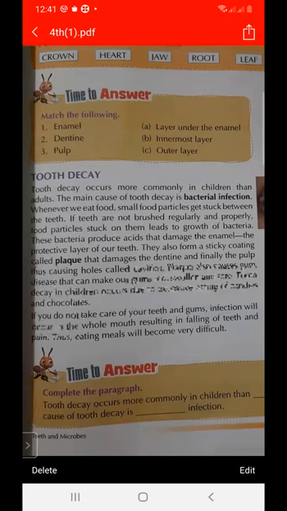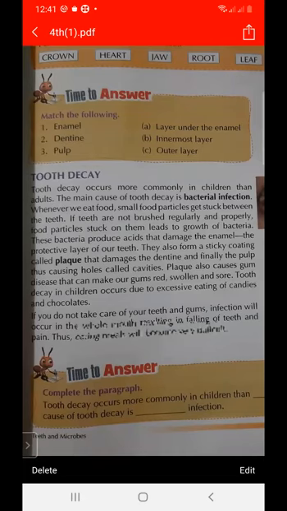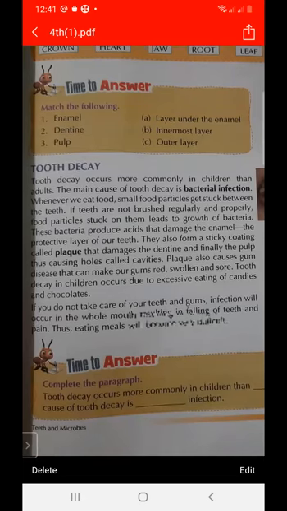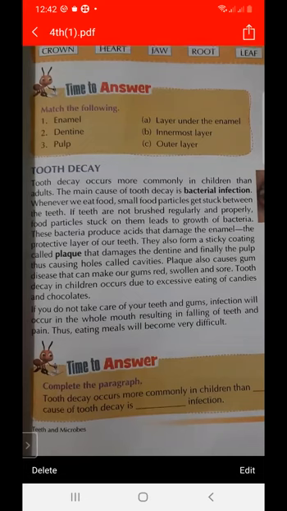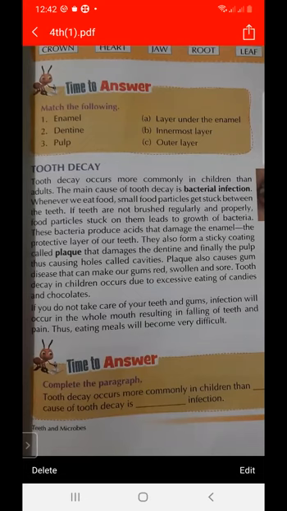As we know, due to bacterial infection, the outer covering of the teeth is destroyed, and it forms a sticky coating layer. This yellow layer is called plaque, and it causes diseases, and our gums become red, swollen, and sore.